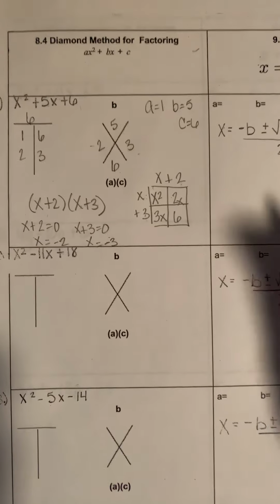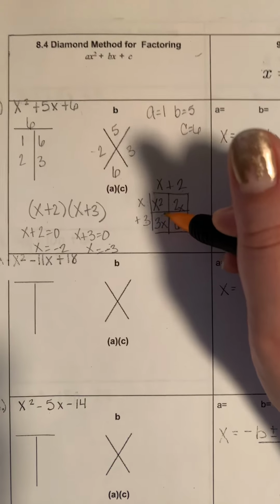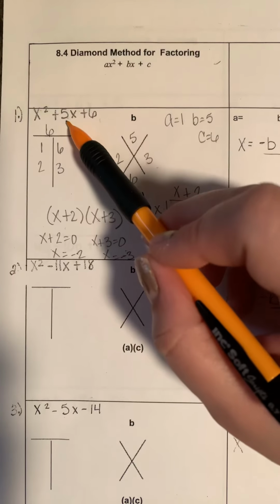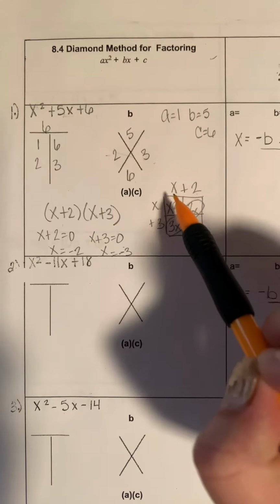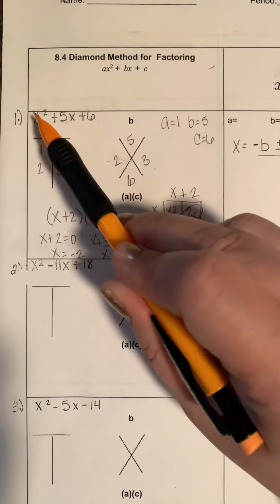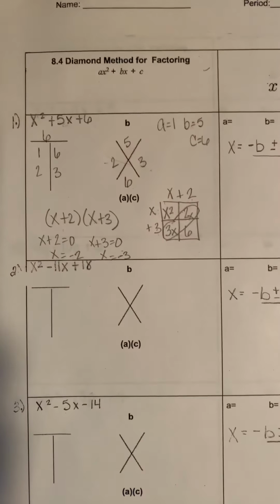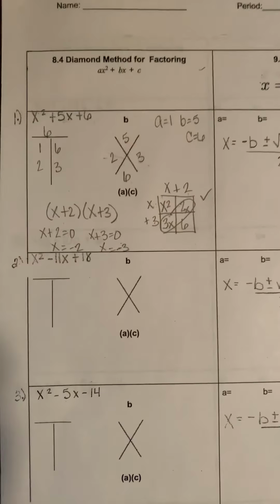Then if we combine our like terms, same variable to same power, 3x and 2x add up to give me our 5x. X squared matches here, and our 6 matches here. So we know we got the answer correct. It checks out just fine.